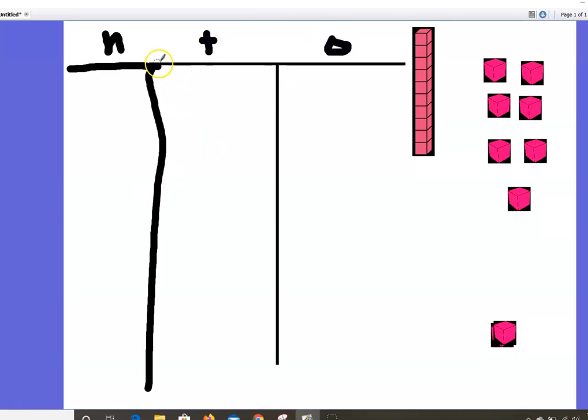So if I have hundreds plus, let's say I have 100 plus 50. I'm going to hold in my brain that I have 100. I'm going to have 5 tens and 0 ones. So it's going to be 150.